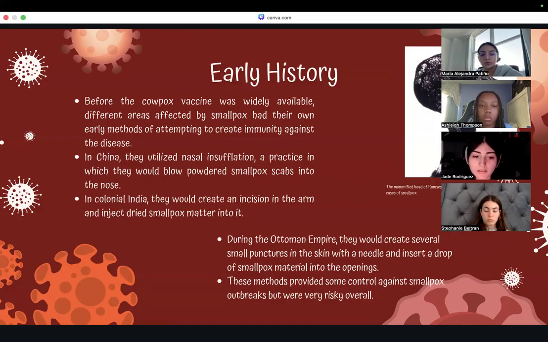In colonial India, they would surgically create an incision in the arm and inject dried smallpox matter into it. And during the Ottoman Empire, they would create several small punctures in the skin with a needle and insert a drop of smallpox material, usually pus, into the openings. These methods, although they provided some control against smallpox outbreaks, were still very risky overall.